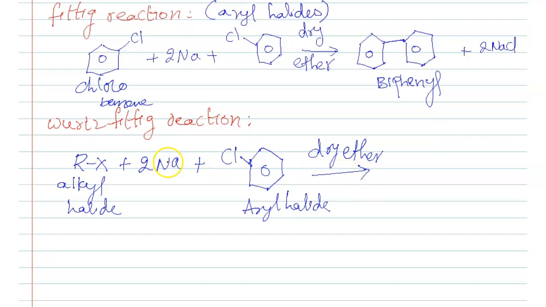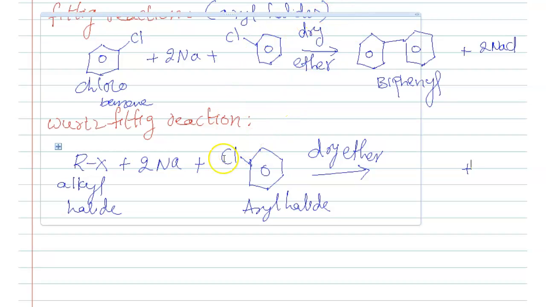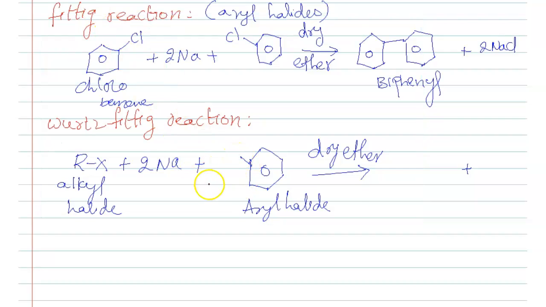So now tell me what is the product. So it removes 2Na. So here we cannot take a Cl because already we have taken X. So here also we should take X. Then we can get 2NaX.